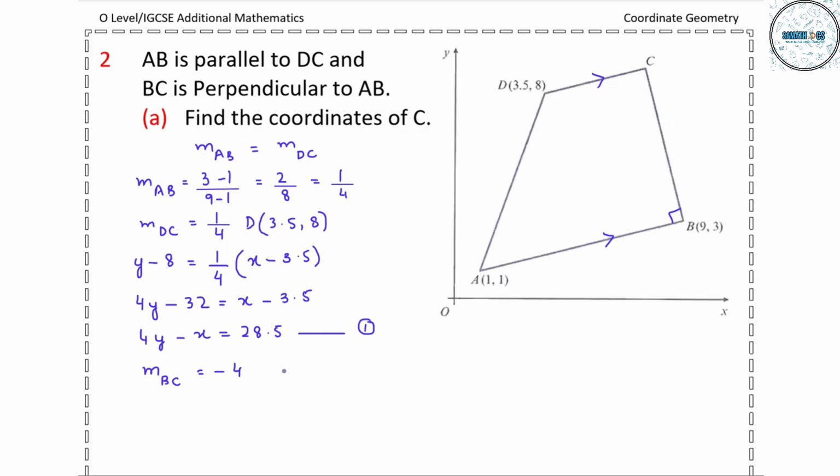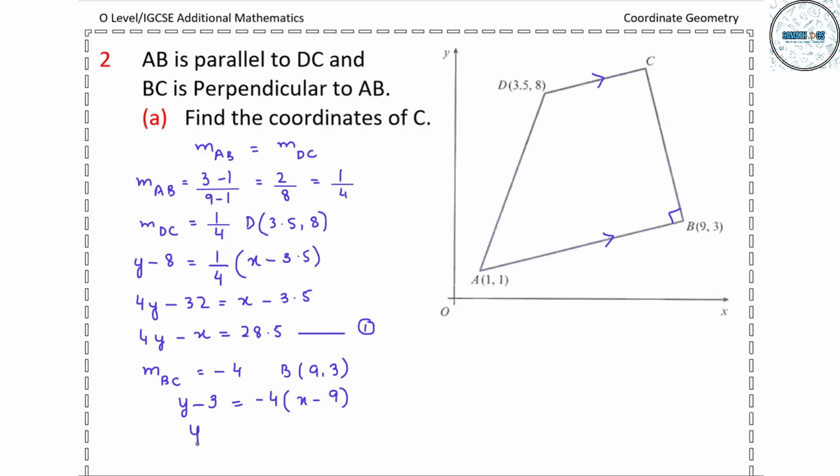The coordinates which we have to use to find the equation of BC are the coordinates of B, which are 9, 3. Now we can form the equation using y minus y1 is equal to m into x minus x1. y minus 3 is equal to minus 4 into x minus 9.